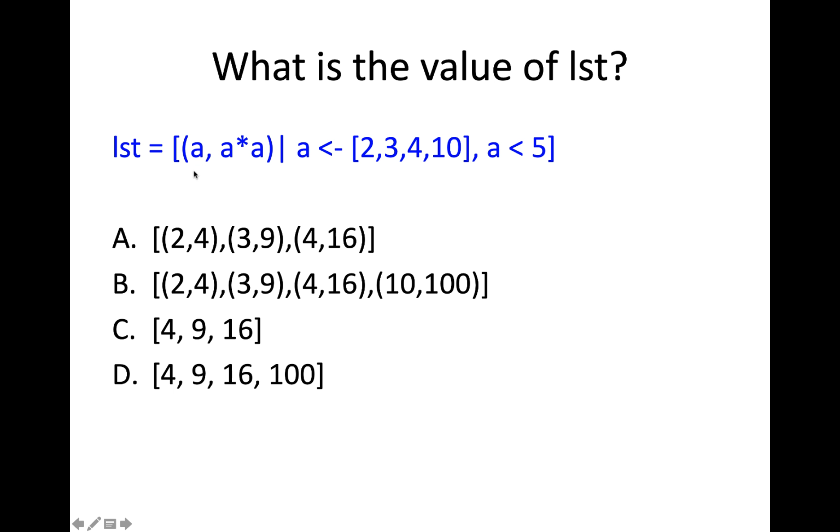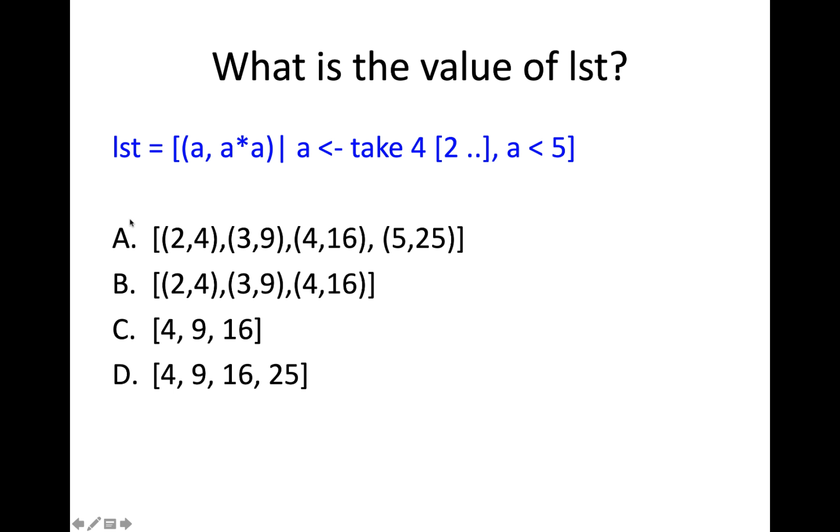So those values will come to this place one after another, and this is the expression. So that means the value of lst should be 2 squared, 4, then 3 squared, 9, and 4 squared, 16. So A should be the correct answer.